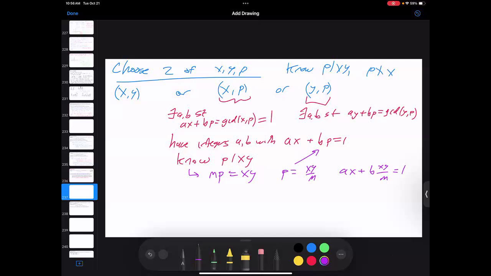Can you think of something that divides the left-hand side? What's the only thing that divides the right-hand side? 1. Can you see anything that divides the left-hand side? Does it look like anything divides AX plus BXY over M?